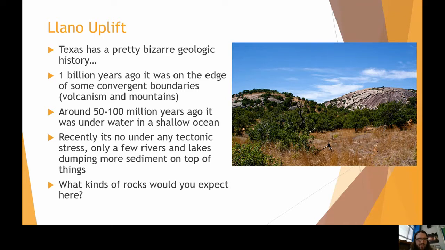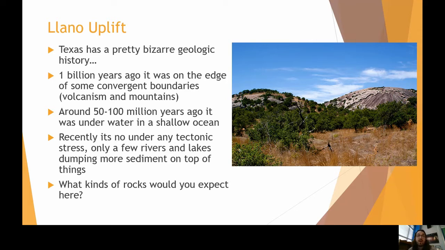So you might have some volcanism and mountains a long, long time ago in Texas. Around 50 to 100 million years ago, temporarily, it was actually underwater in a shallow ocean. And then in the last 50 million years or so, it's really had no tectonic stress, not much going on here. We do have a few rivers and lakes dumping sediment on top of things. So you might have some sedimentary processes, but that's what's going on in Texas.